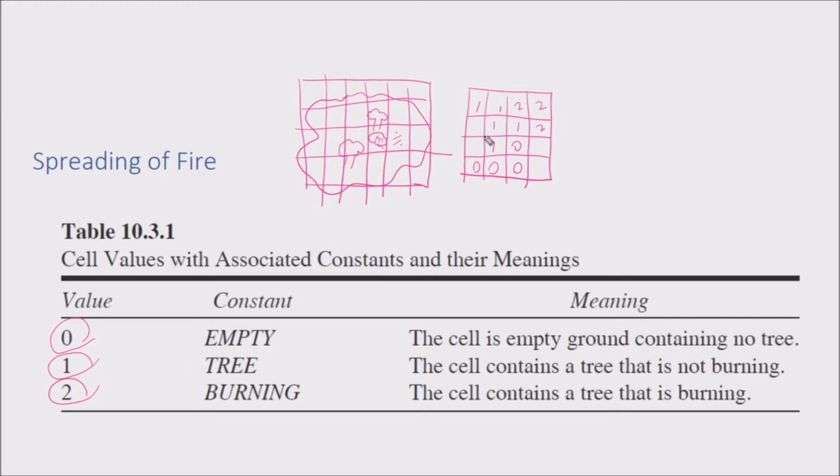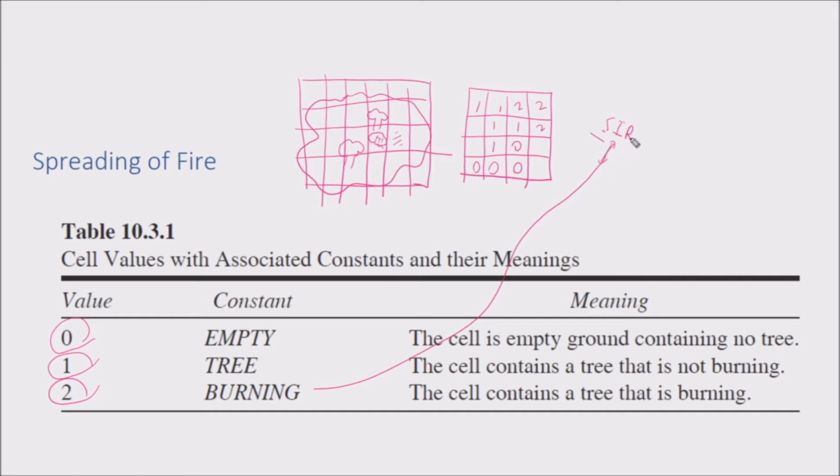This may remind you of something that we did in the SIR model, right? In the SIR model, we have a part called burning. The susceptibles are the trees, which can burn or not, right? The infecteds are the ones already burning, so these guys are kind of that.